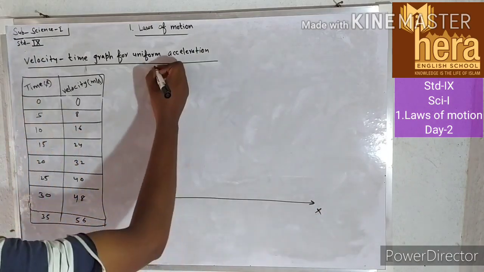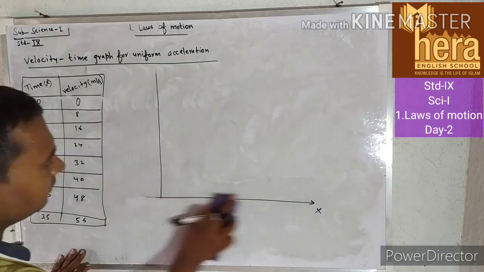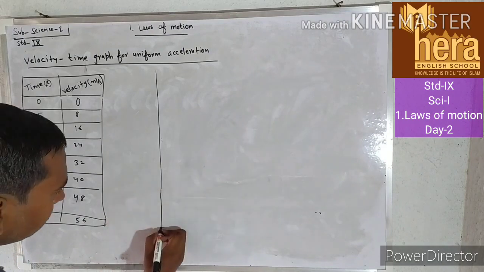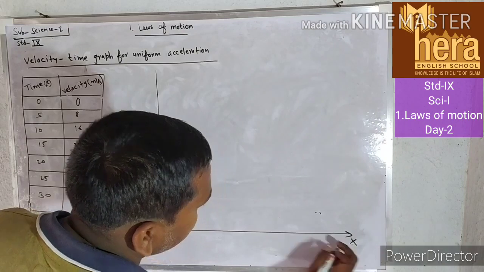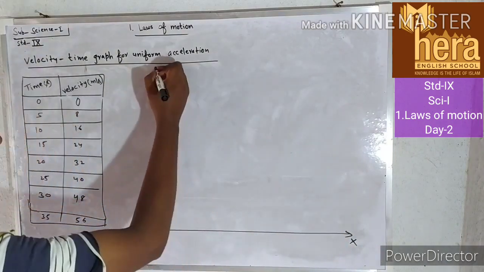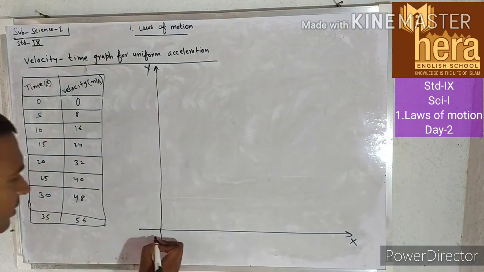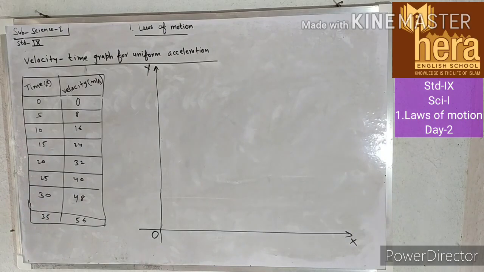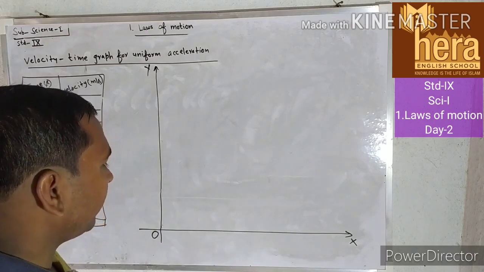X-axis, this is y-axis, this is origin or 0. On x-axis, I have told you we have to take time.